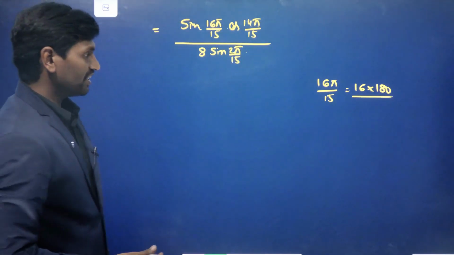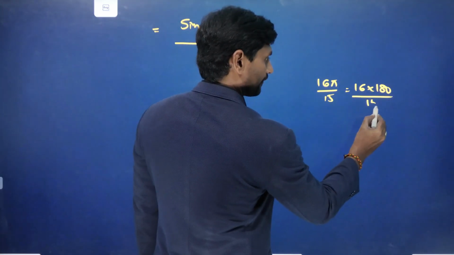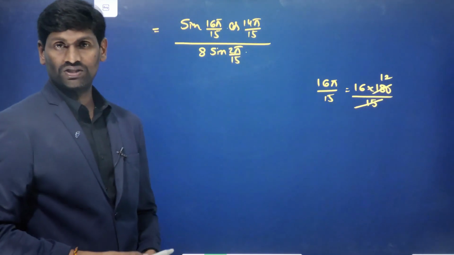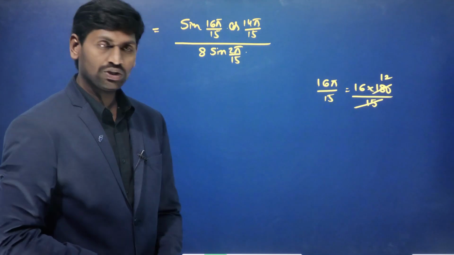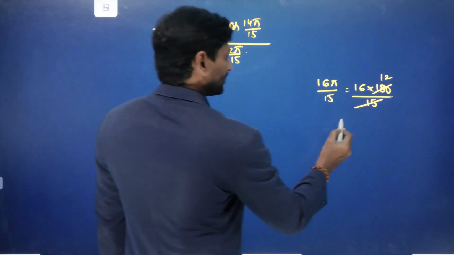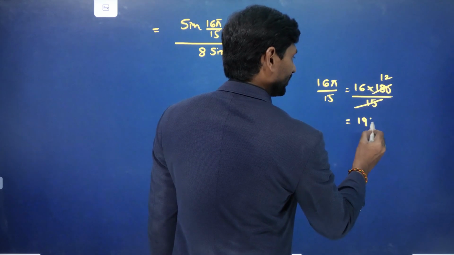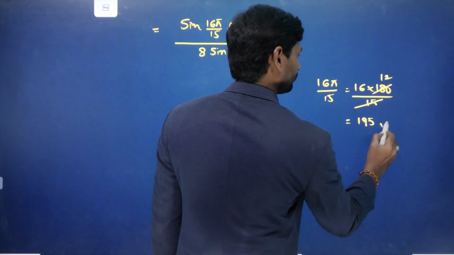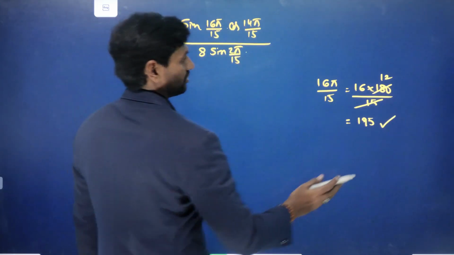Pi is nothing but 180 degrees, right? Denominator is 15. So 15 table in 180, 12 times. 12 into 16 is nothing but 192.